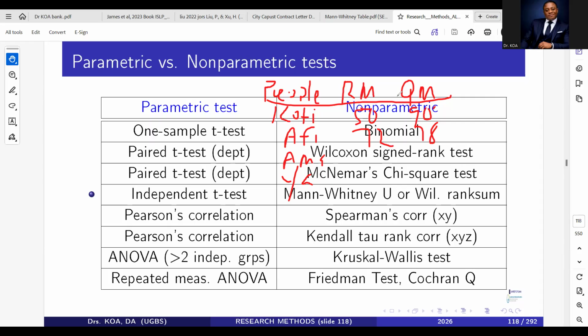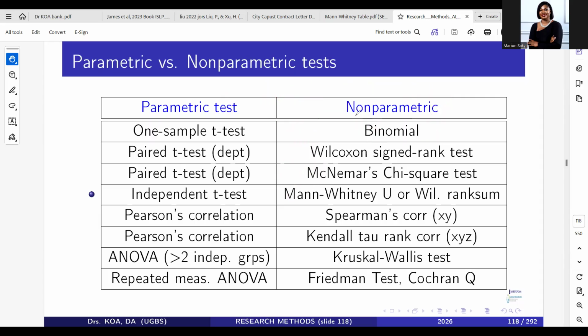Now, when the sample is dependent and the data is non-parametric, or not normally distributed, then we are here. In that case, if the sample is dependent, the test statistic you're going to use is called the Wilcoxon signed rank test.